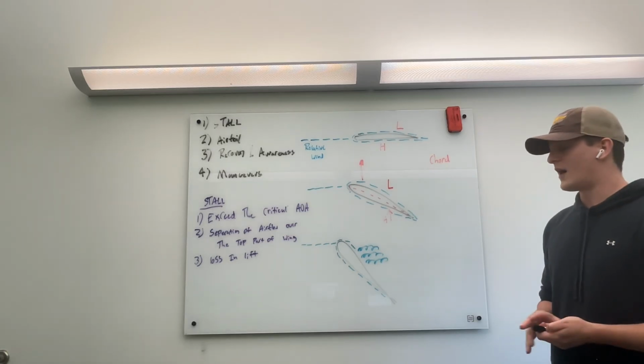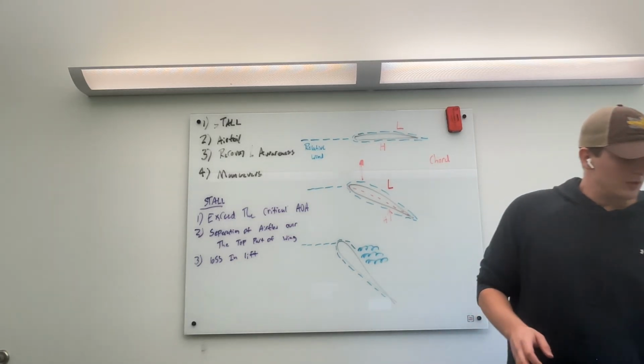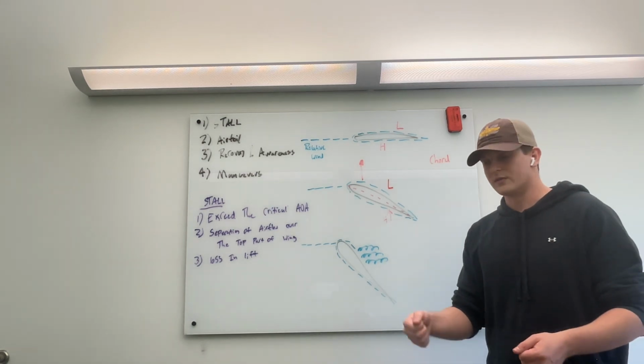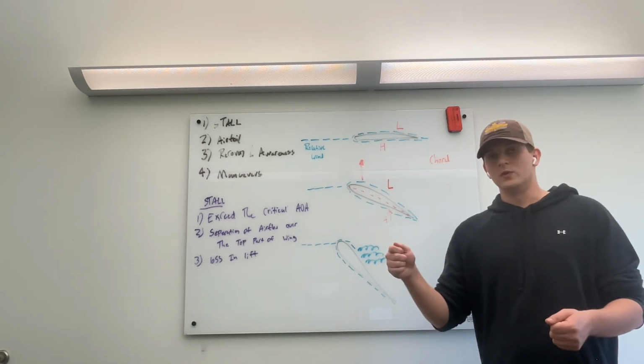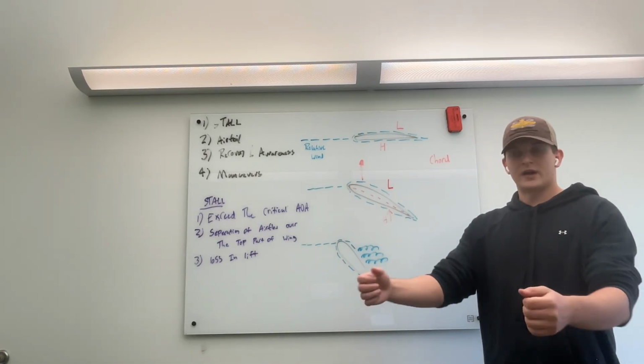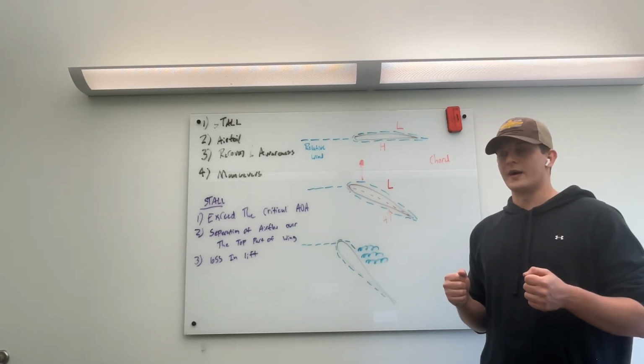Now, after you've done that, you essentially are looking at more of the ground than you are the horizon. Go ahead and take your flaps to the recovery position, put them up one, and then start putting that angle of attack back up.